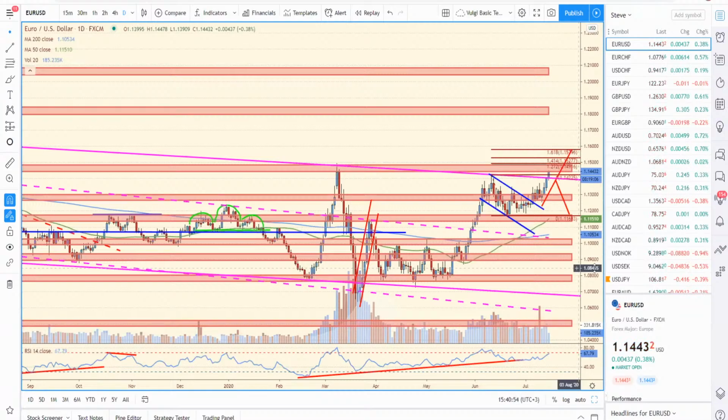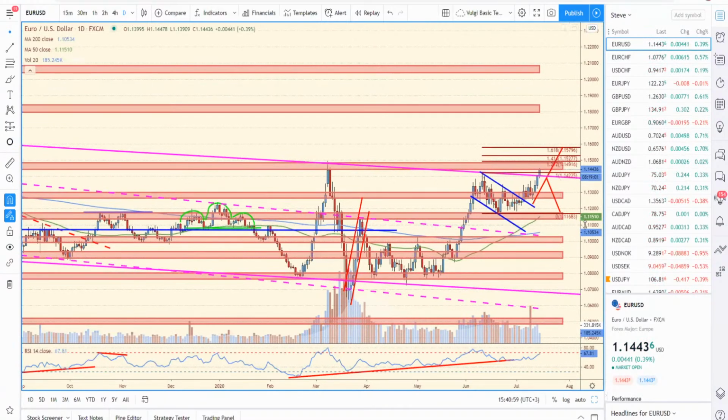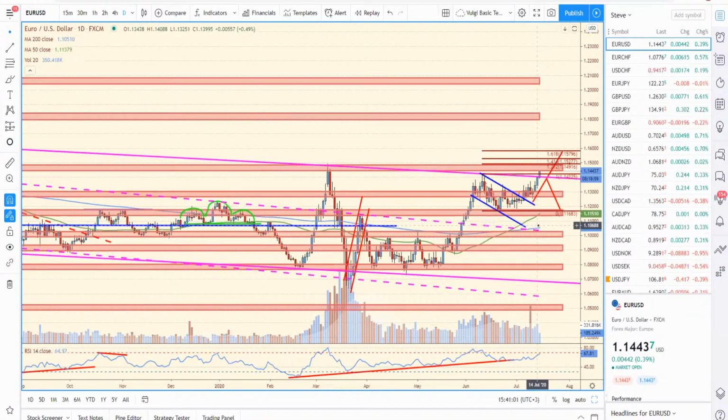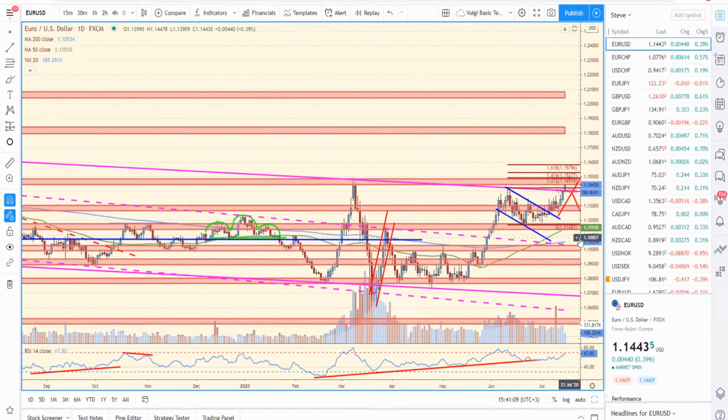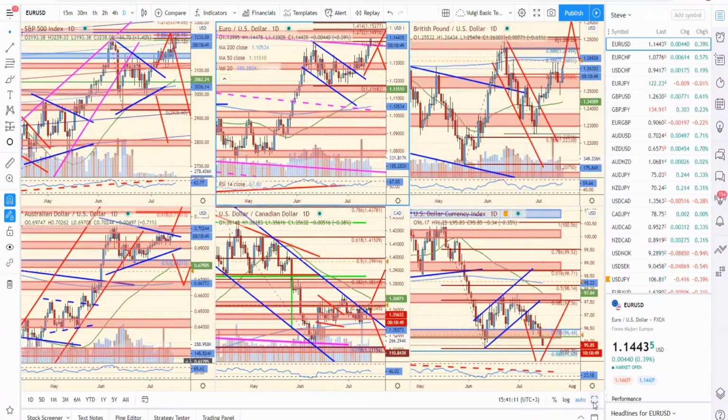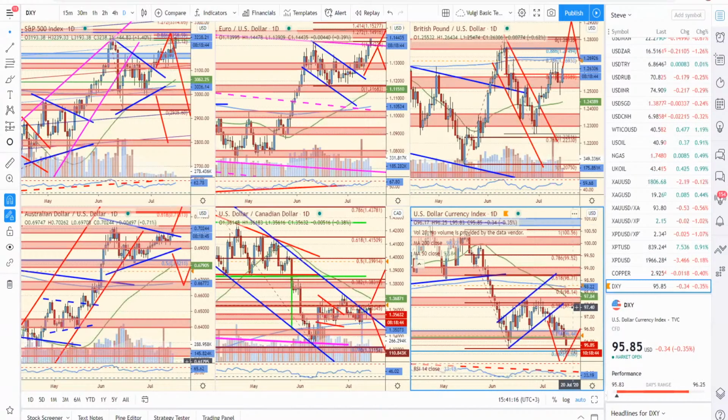I'm still going to be looking for support to be found quite soon. So I still believe that the Euro USD is looking quite nicely. And I still believe that the vast majority of the crowd is bearish the Euro USD, which is another sign that that might actually blow up in their faces.